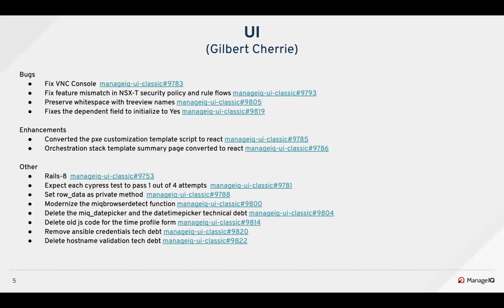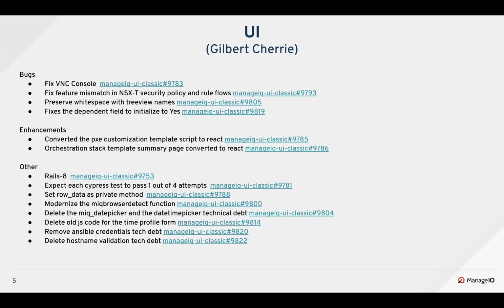Some other PRs we had: Joe got his Rails 8 PR merged. He also did a PR to change the Cypress test to 1 out of 4 attempts instead of 1 out of 10. Elsa had a PR to set the row data to a private method.